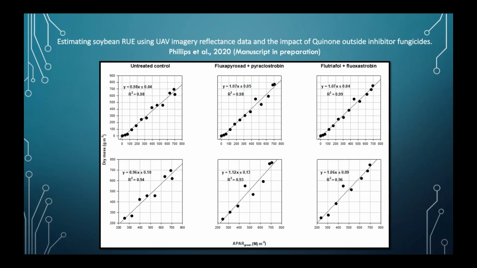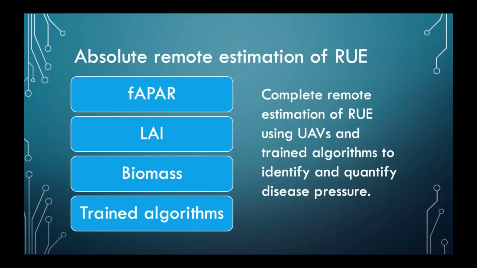It's important that you note that it's consumer grade imagery. Those are what farmers are flying around or can most easily get. So we can apply this using those. And this is just a step towards the absolute remote sensing of RUE.